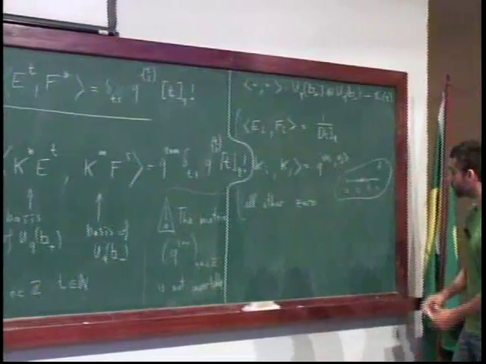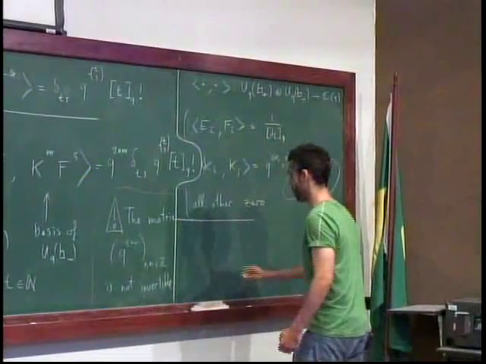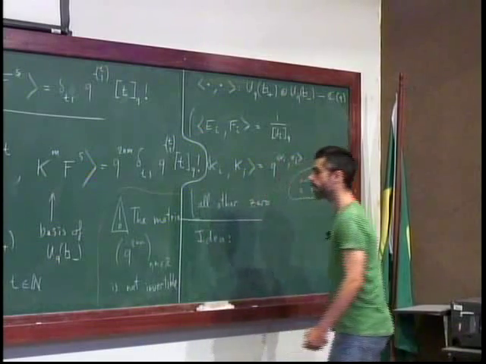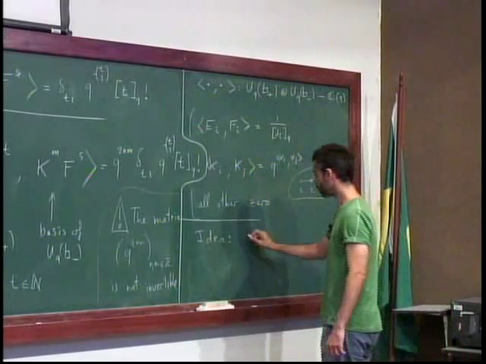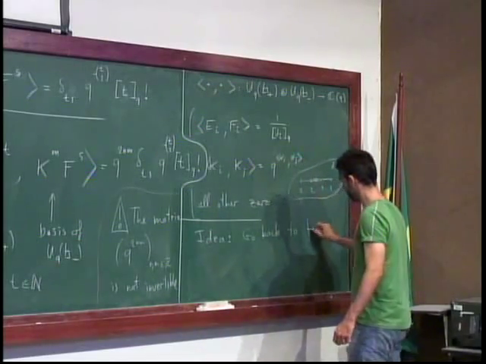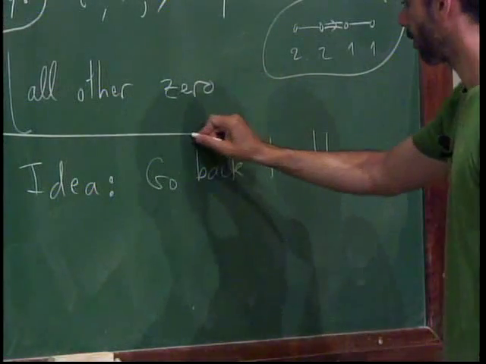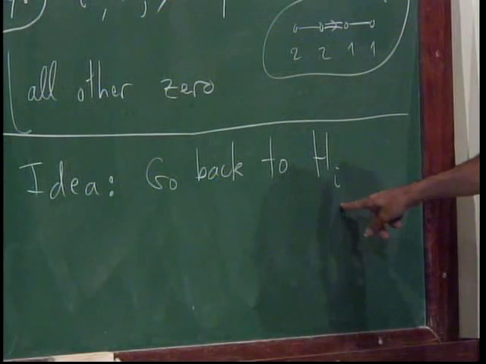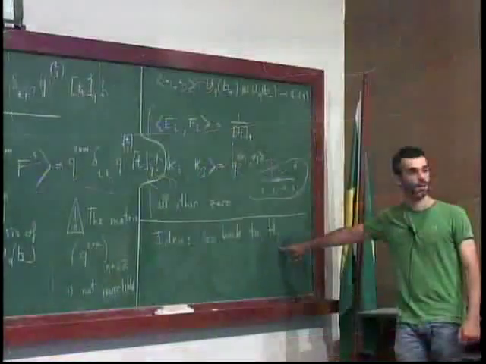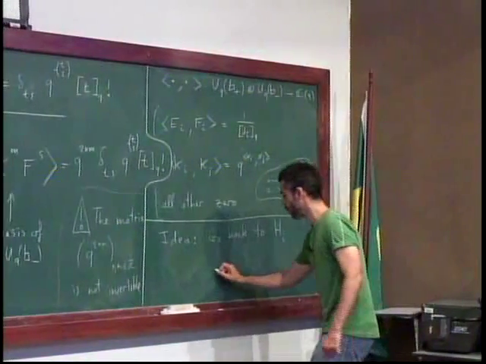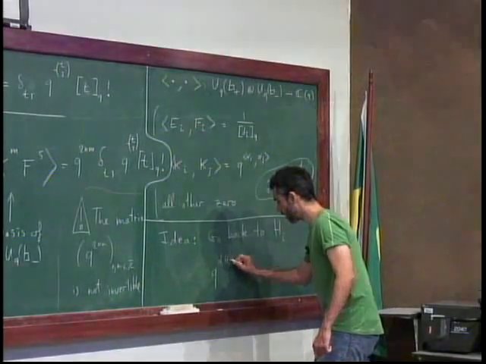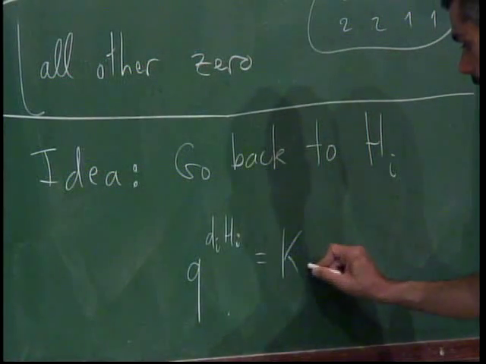So the idea is to go back to these other guys, the H_i's, the ones that come from the classical Lie algebra. They're related by q to the d_i h_i equals k_i.